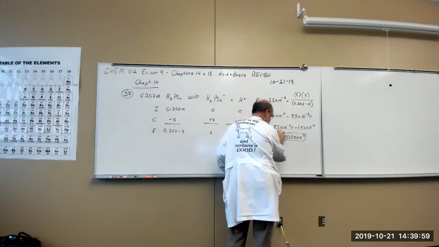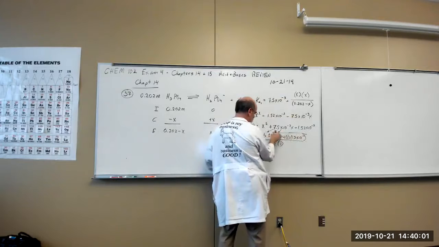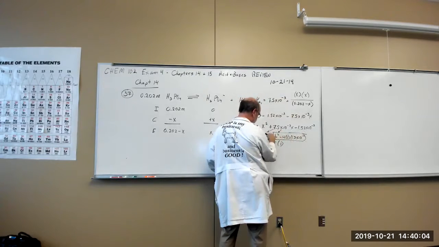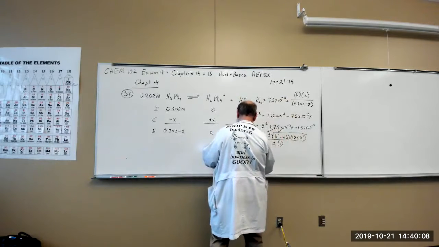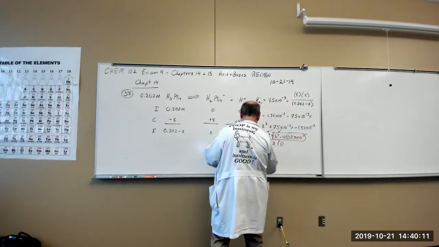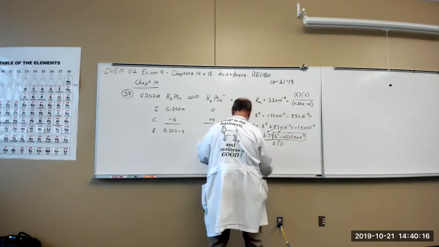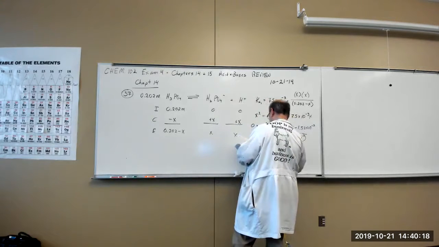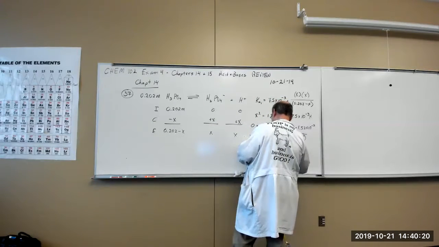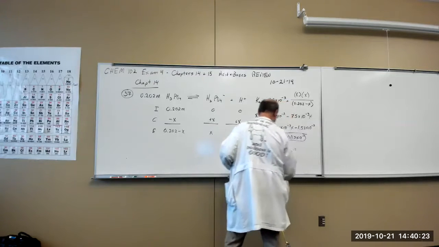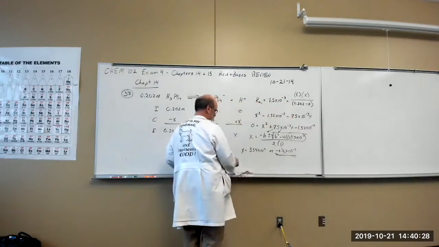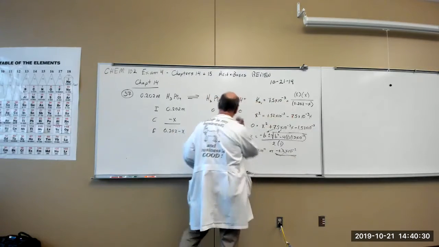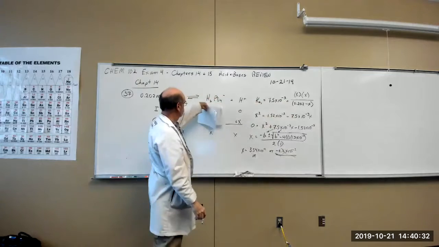And then you resolve this term, and then you say, what is it plus? What is it minus? And these are our choices. X is either equal to 3.54 times 10 to the minus 2 molar, or minus 4.29 times 10 to the minus 2. You can't have a negative molar, right? So this is our molarity for H2PO4.